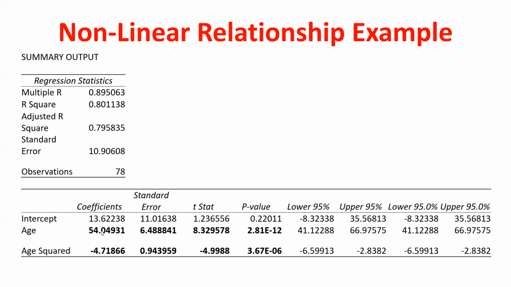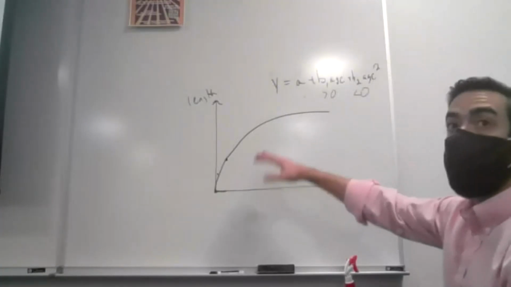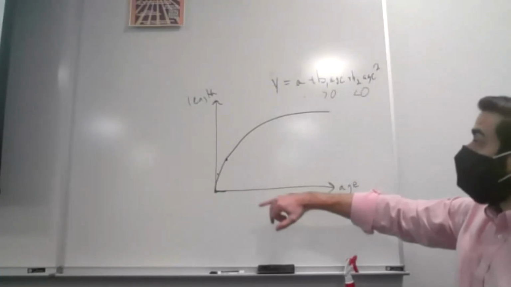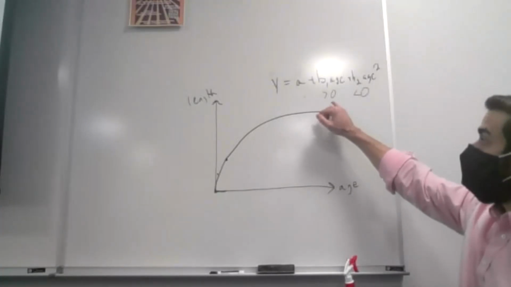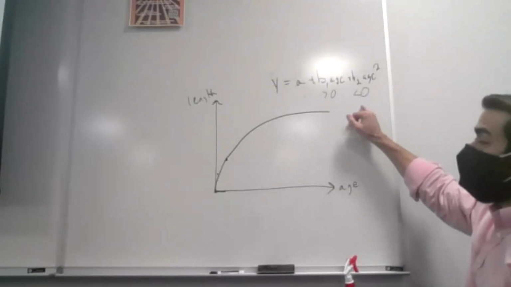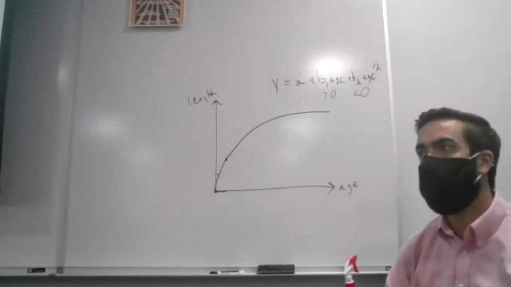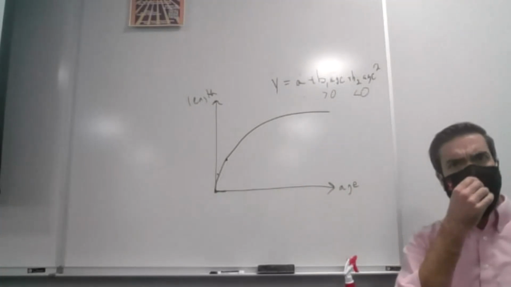So we have a positive coefficient on the non-squared term and a negative coefficient on the squared term, which is, you know, our intuition was right. It's going to look something like this, where it's increasing quickly initially, so we've got this positive relationship, but it decreases over the age of the fish. Any questions on this before we keep moving here?